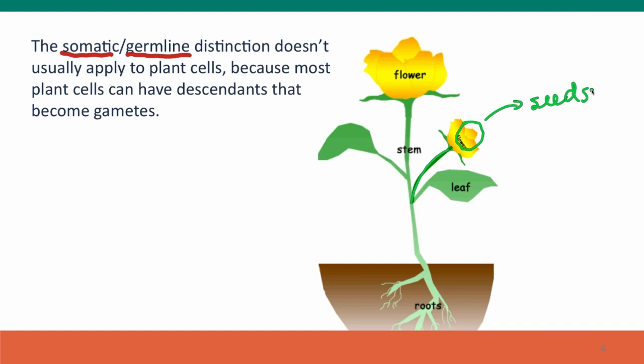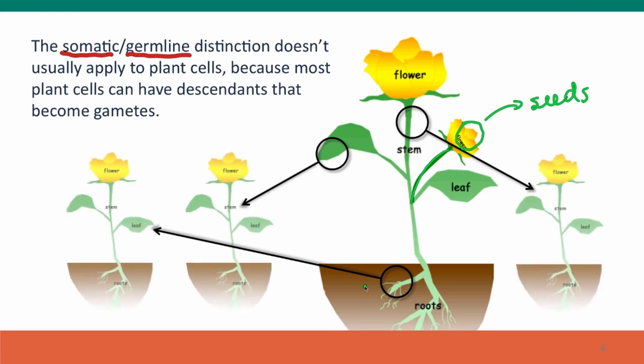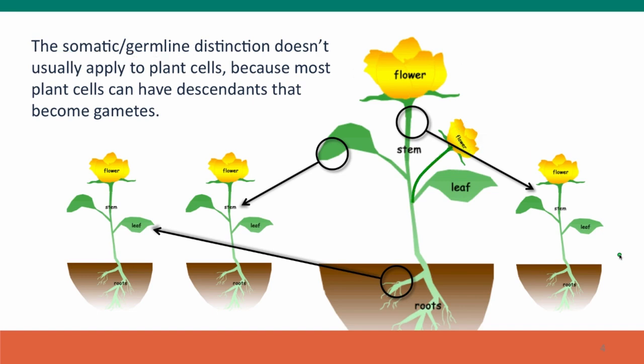We also take advantage of this if we take a cutting from the plant. For instance, we take a leaf or part of the root and we propagate it, and it can grow into a complete new plant. So the somatic germline distinction really doesn't apply to plants, but it certainly applies to us.